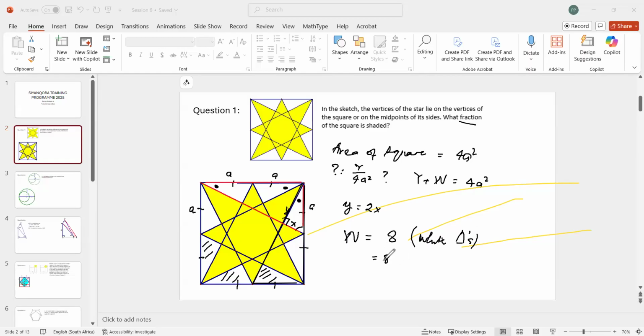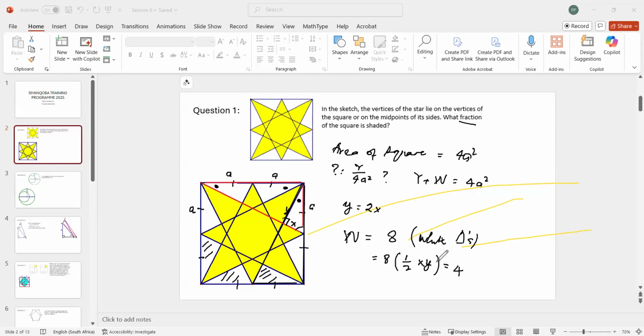Each white triangle is a right angle triangle whose sides are X and Y. So the formula is half base times height. So it's half XY. Right? But we said Y is 2X. So if Y is 2X, then the 2's cancel. Or if you want, 8 times half is a 4.